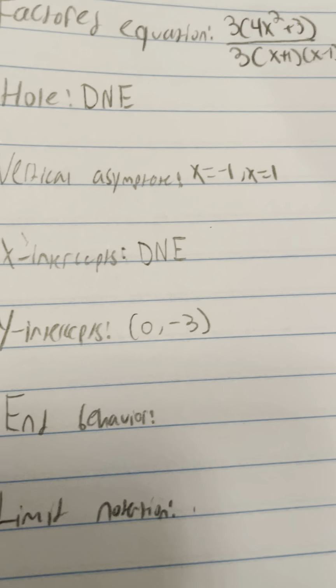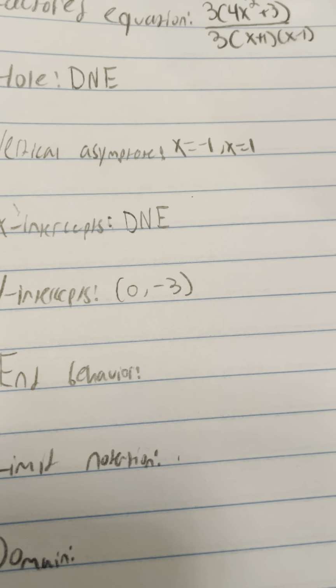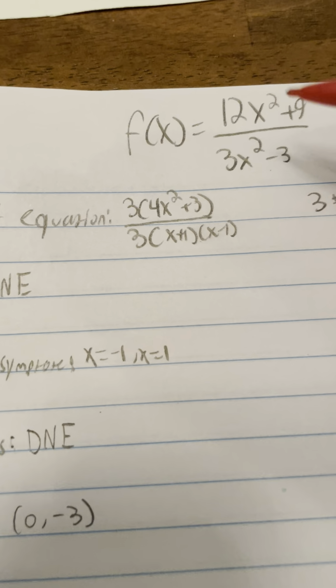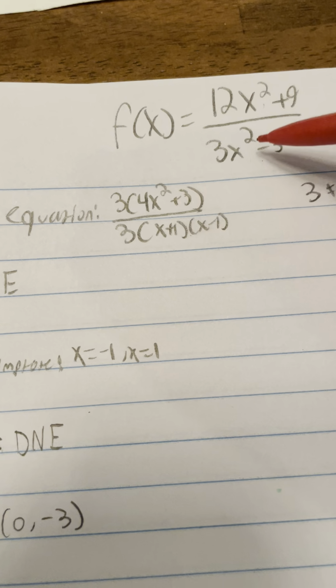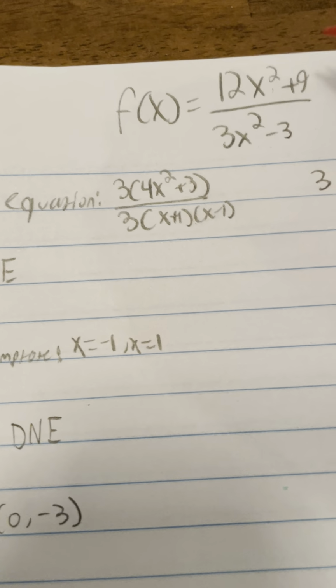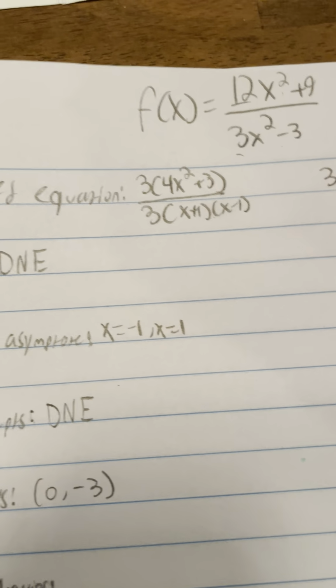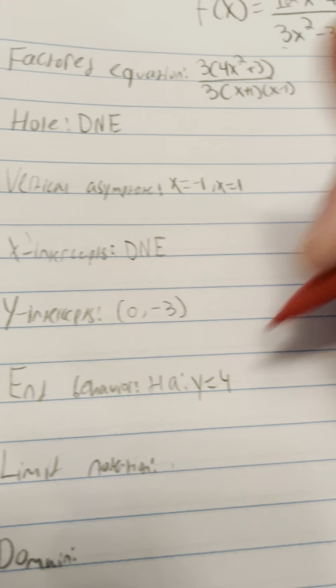And then for the end behavior, that's the horizontal or slant asymptote. So you want to look at the degrees on the x's, and since they're equal, you want to divide the coefficients, so the 12 and 3, and 12 divided by 3 is 4. So y equals 4.